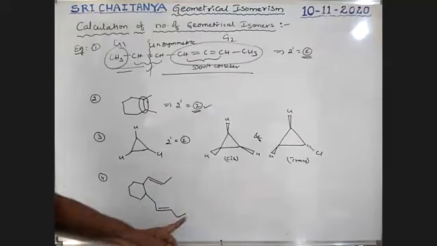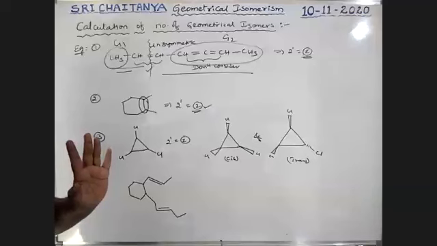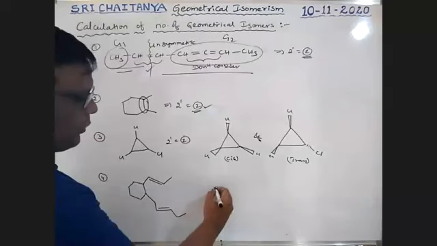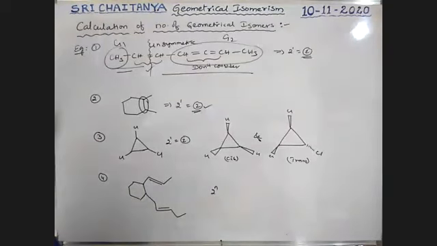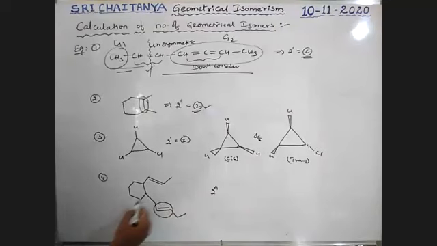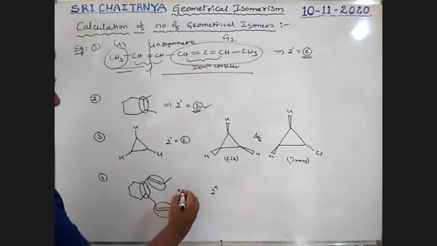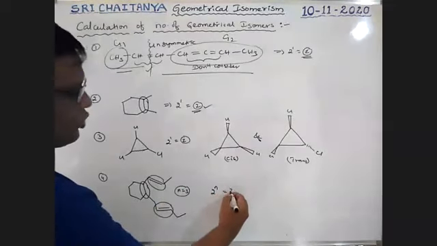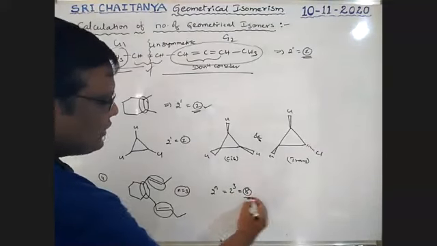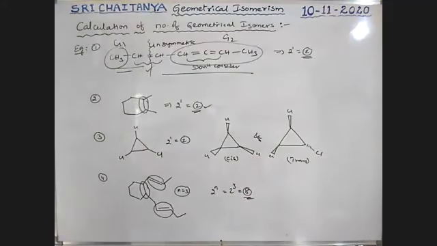It is an unsymmetrical molecule, so our formula is 2 power n. This is 1, this is 2, and this is the ring. Ring also we consider, so n here is equal to 3. That is 2 power 3, which is equal to 8 is the answer. Number of geometrical isomers is 8.